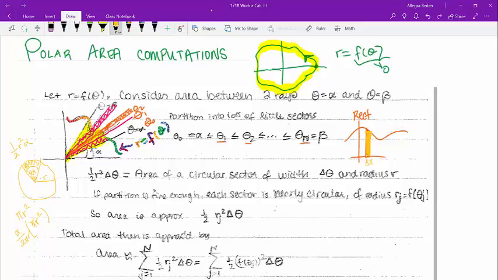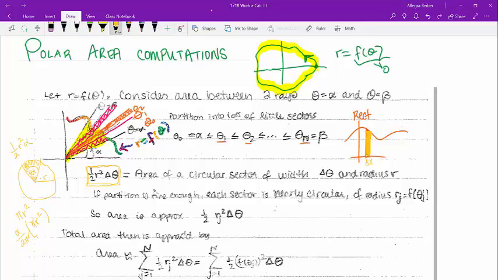For that reason, the little areas that I'm adding up are going to be 1/2 r squared times delta theta, where delta theta is just the change in angle, the teeny tiny width of radian measure of this teeny tiny sector. How much angle measurement did we rotate out?